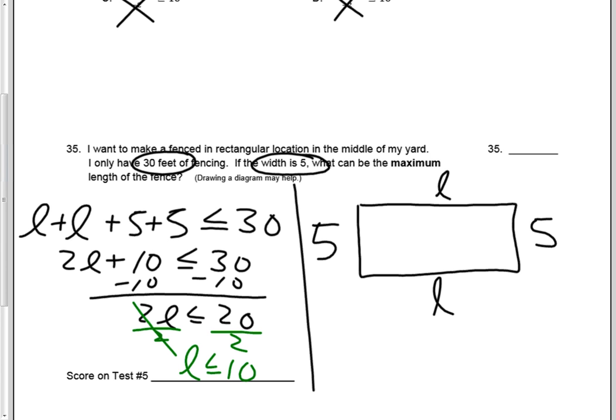L is less than or equal to 10, but that's not what's being asked for. They're saying, what's the maximum it could be? Out of that, 10. The maximum is 10.